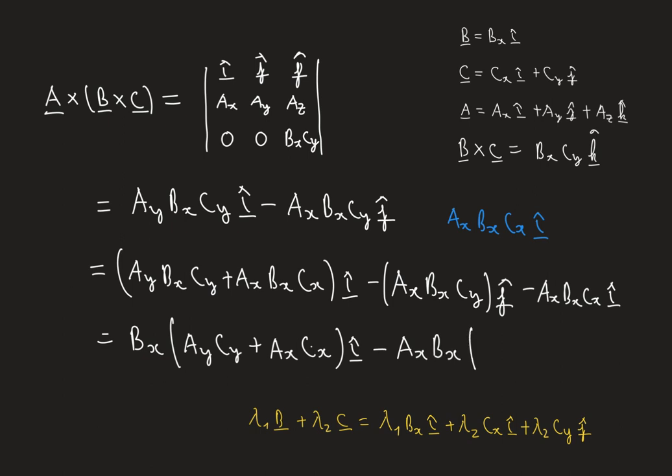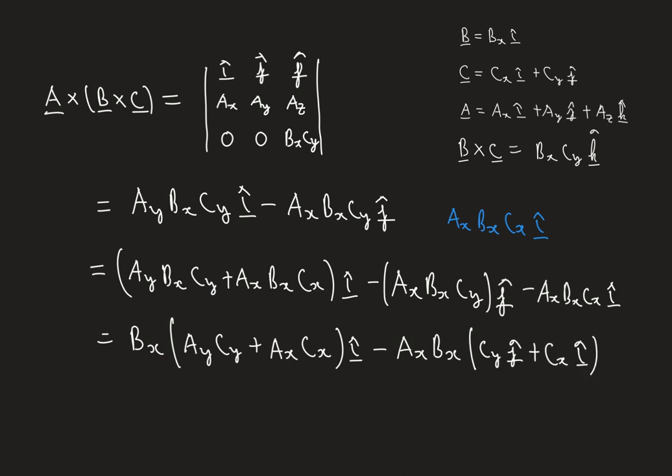And so we have cy j plus cx i. We are in the final steps of our derivation, and what we notice here is that this expression is actually the expression for the dot product of A and C. So this is A dot C, okay, which is a scalar. And similarly, ax bx is the dot product of A and B. And therefore, there we have it. We have finished our derivation.